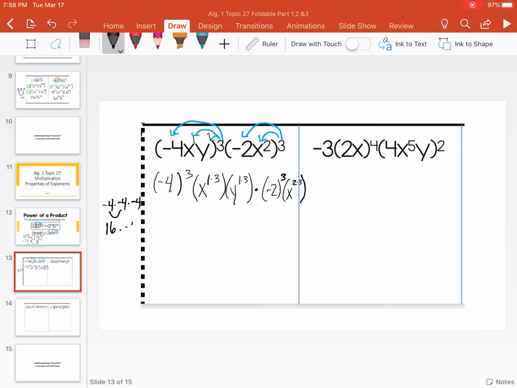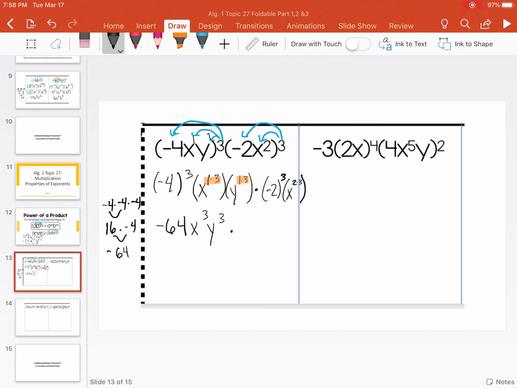This gives us positive 16 times negative 4, which gives us negative 64. So our first coefficient of that first big factor is going to be negative 64. If we have 1 times 3, that's going to be x to the 3rd. And if we have 1 times 3 here, that's going to be y to the 3rd. So that's our first part.